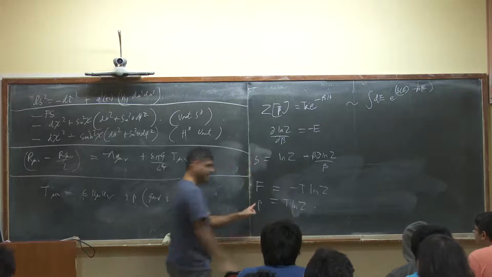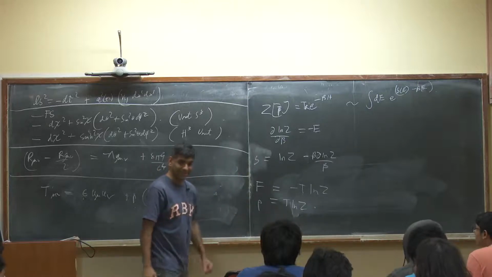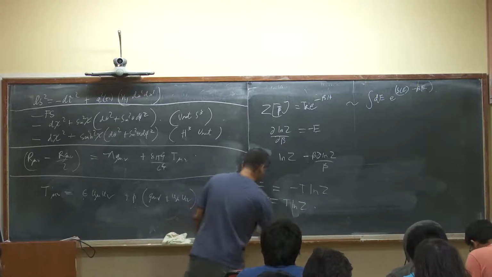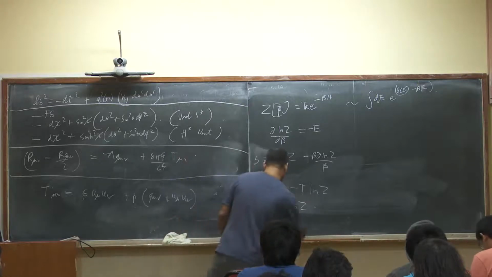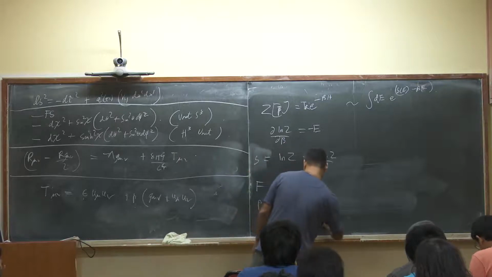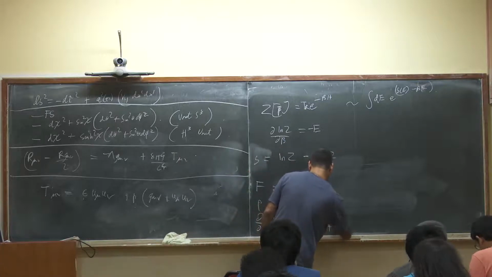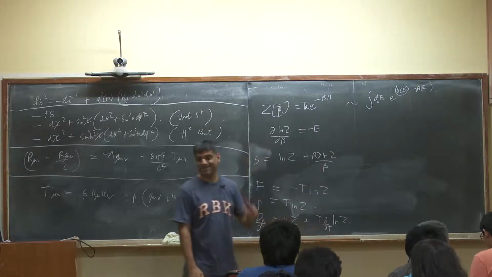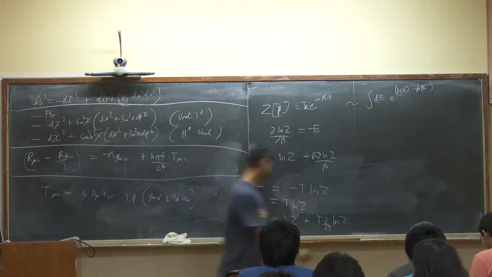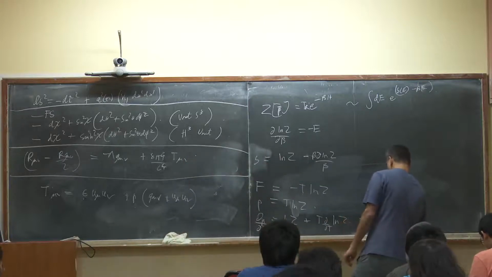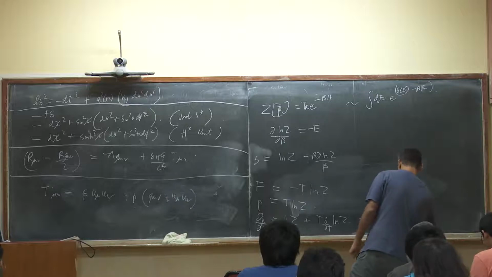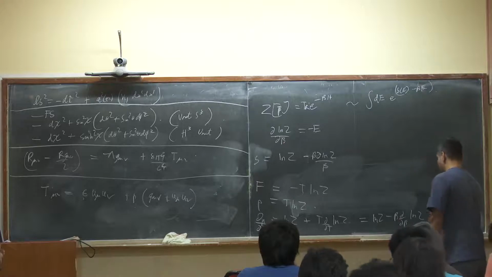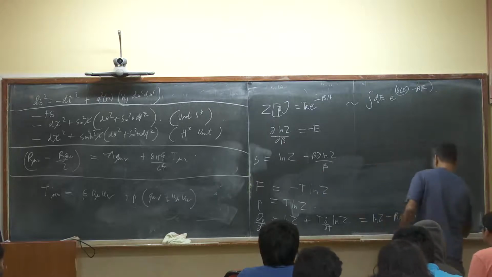So if I just differentiate this quantity, I get del P by del T is equal to log Z plus T del by del T of log Z. But T del by del T is minus beta del by del beta, which is equal to S.